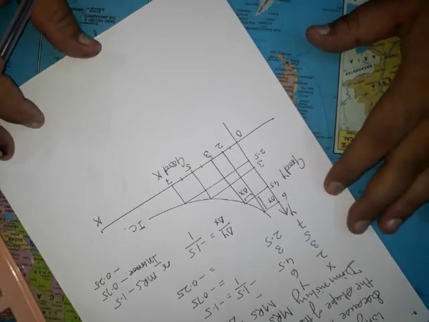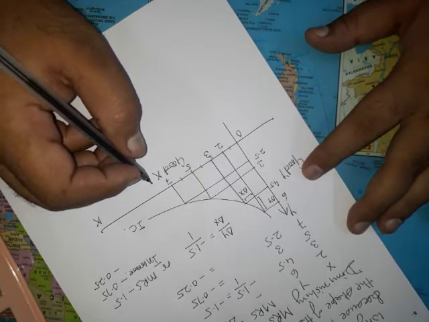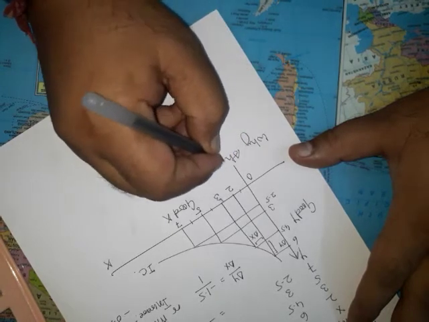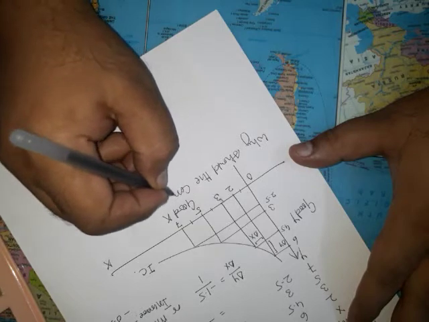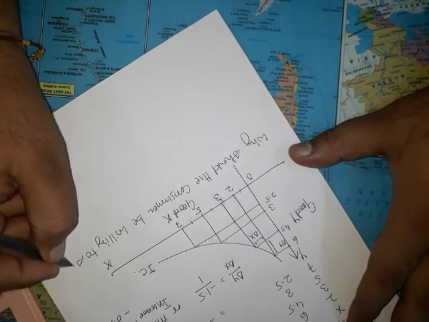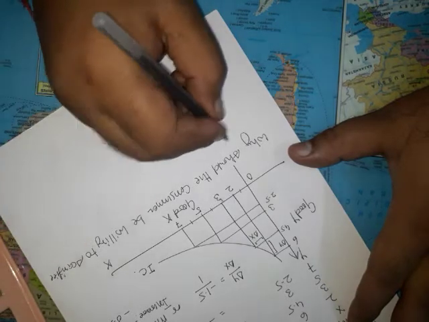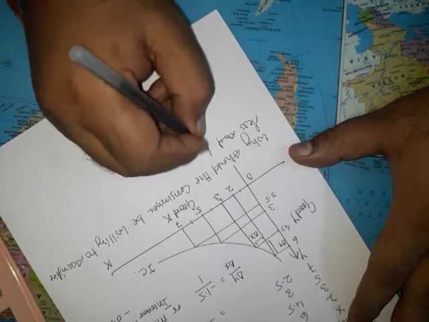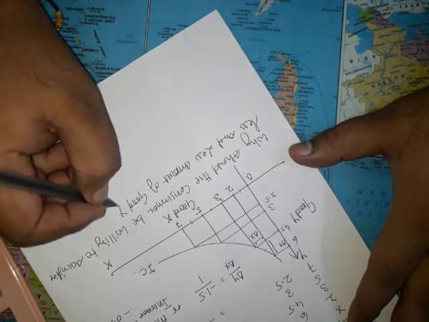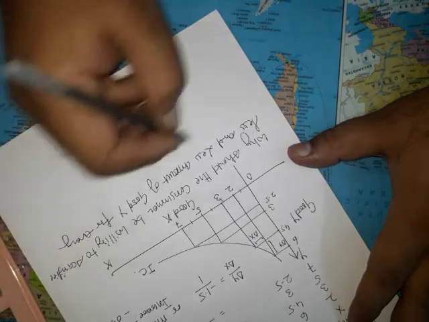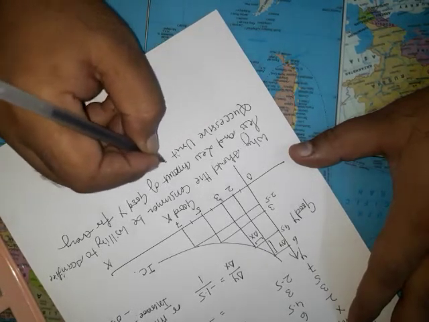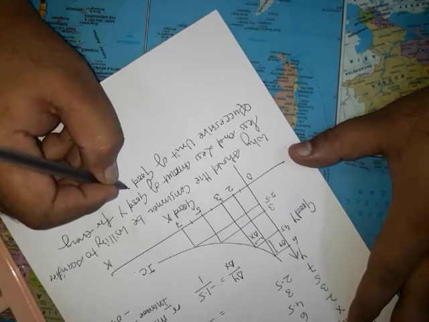So this is the shape of the curve, and after that the question: why should the consumer be willing to sacrifice less and less amount of good y for every successive unit of good x?